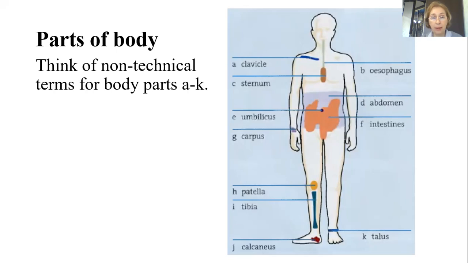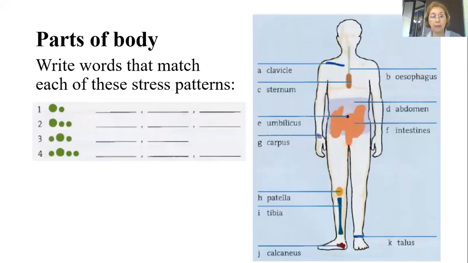Now let us write these words that are given here on this diagram in 4 groups. Here you can see the stress patterns which are given in the chart. Stress pattern number 1: we should write 3 words which have 2 syllables, and the first syllable is stressed.